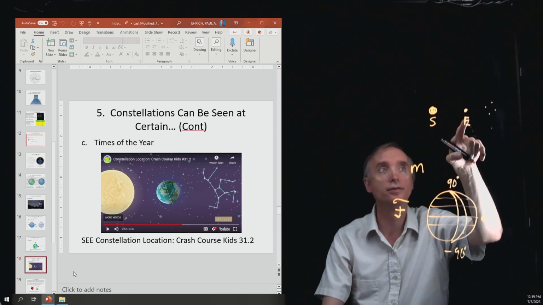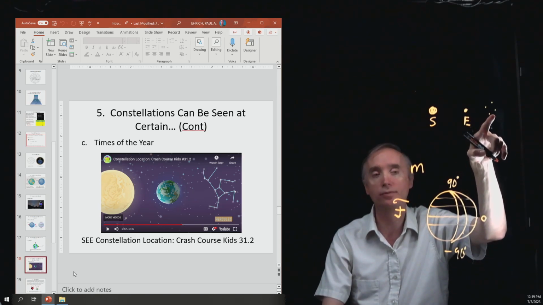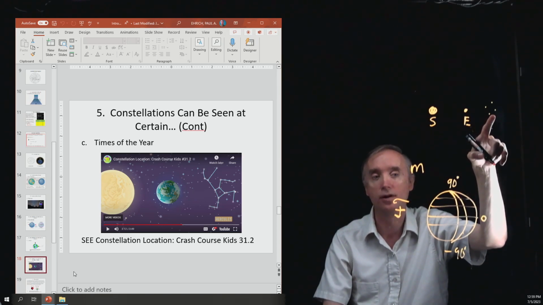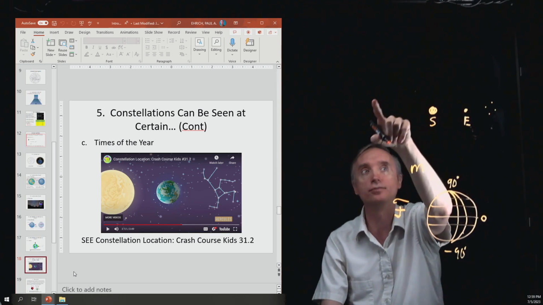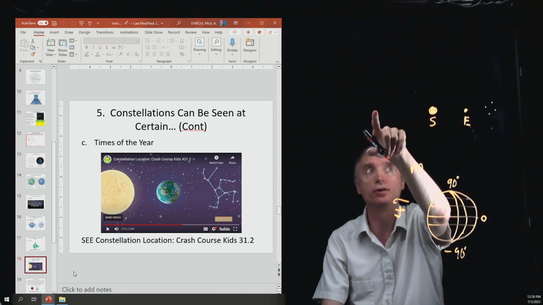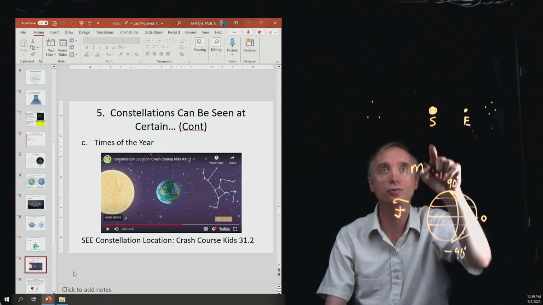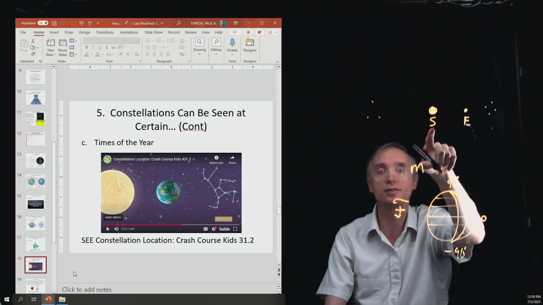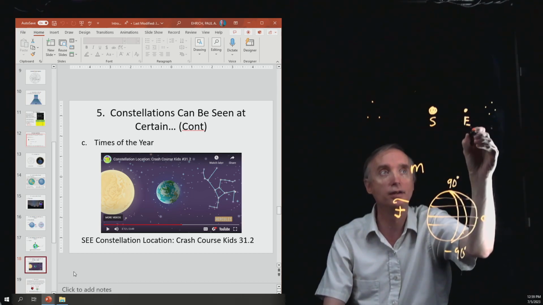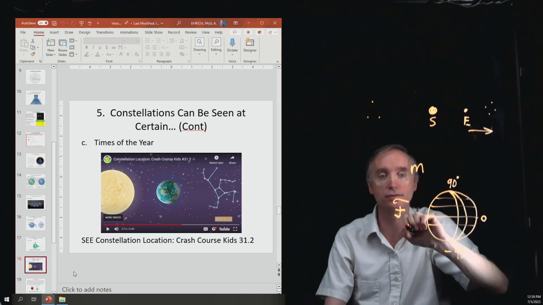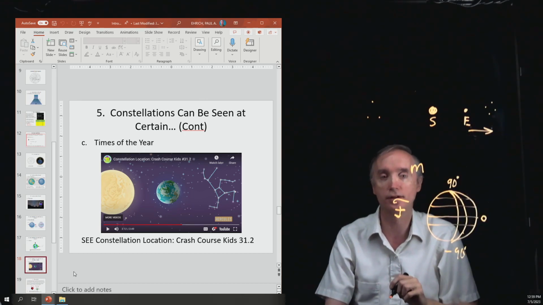Okay, then you would very easily be able to see that constellation. But a constellation that would be over here, so let's say that this is a different constellation, you wouldn't be able to see that constellation because the sun's in the way. Okay, you would be looking in this direction at night, and you'd be able to see this constellation.